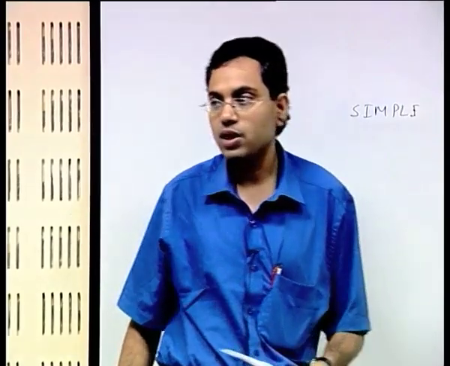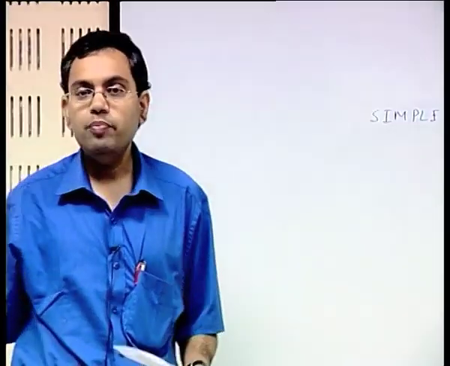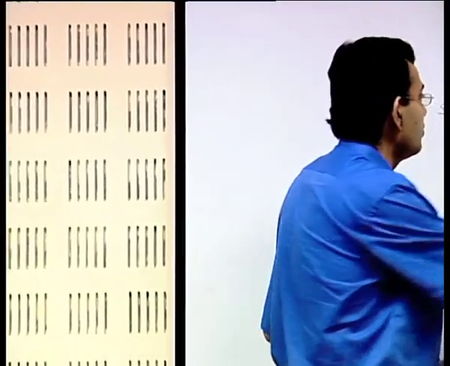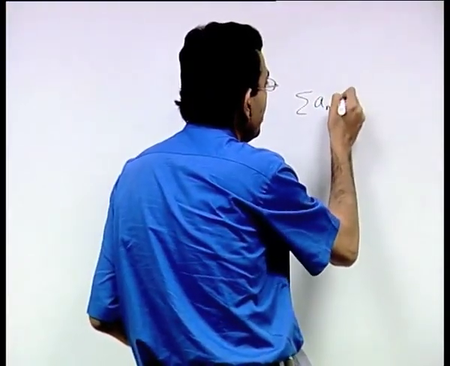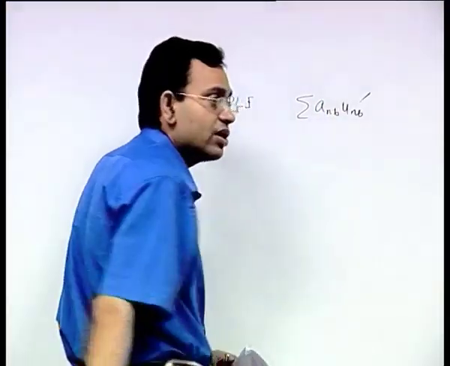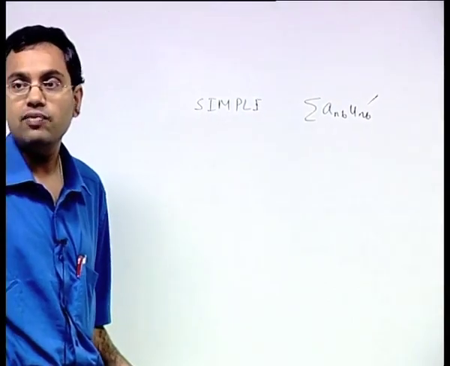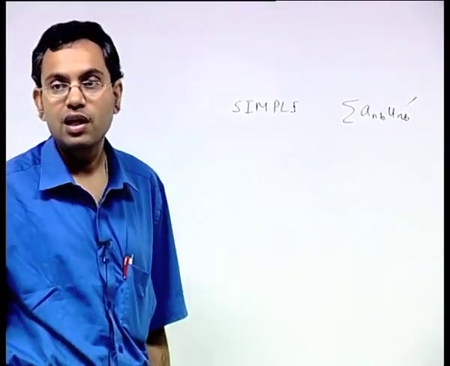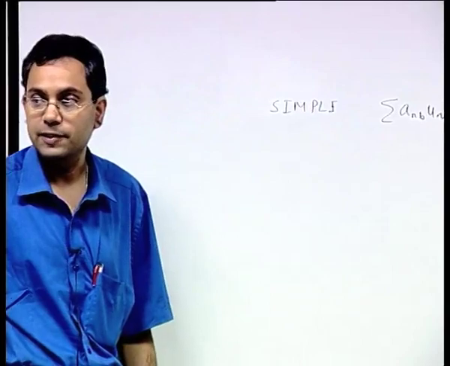Again, we have discussed this extensively in one of our lectures. The semi-implicitness of the SIMPLE algorithm has nothing to do with time discretization. It has to do with the omission of the summation of a_nb u_nb prime, the neighboring velocity correction terms, in the formula for velocity correction and also in the formula for pressure correction.